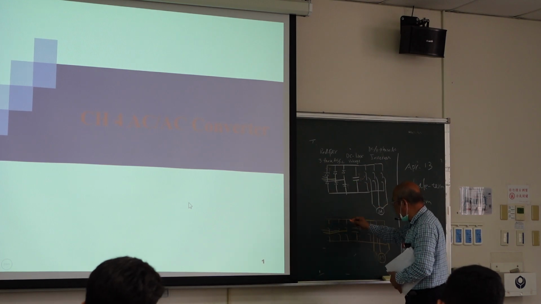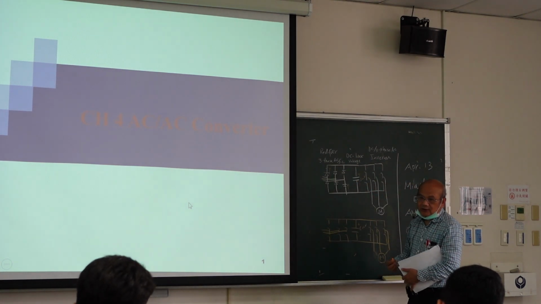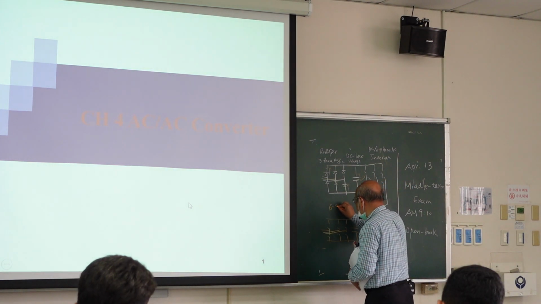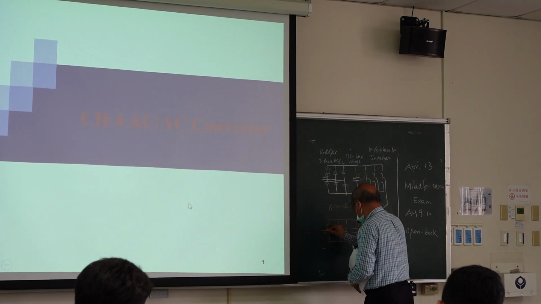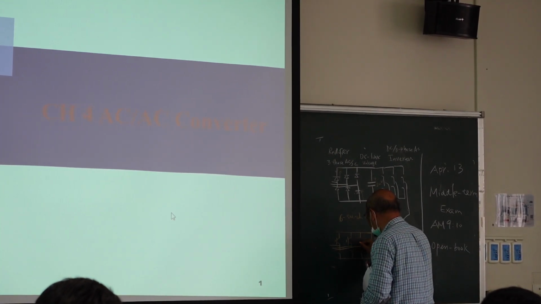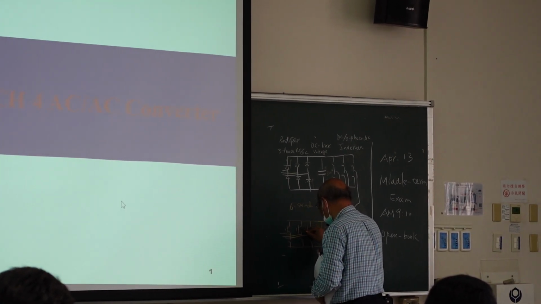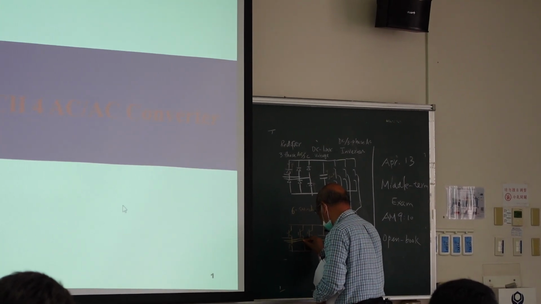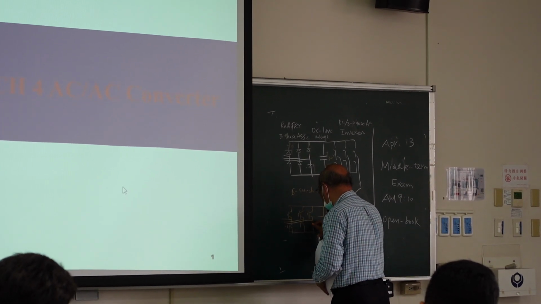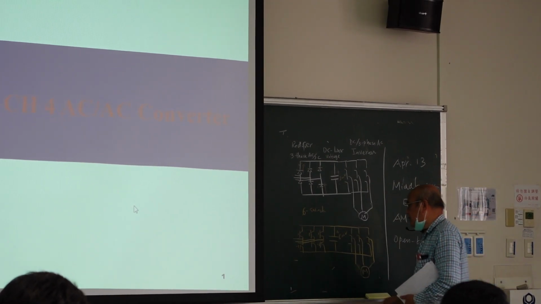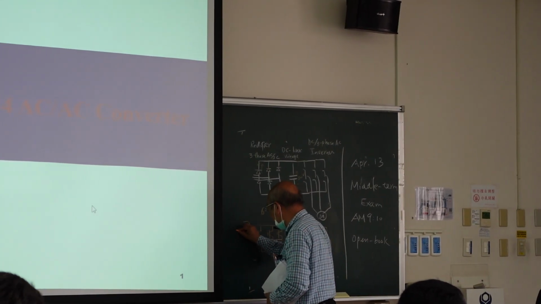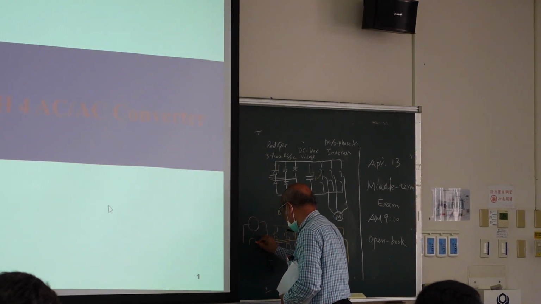But you need 6 switches, not 6 diodes. The switch could be like this. Some people propose we do this. Then we can control the voltage.